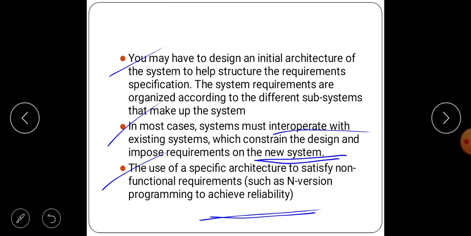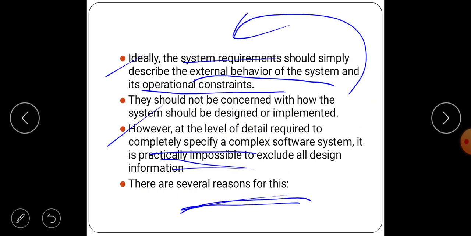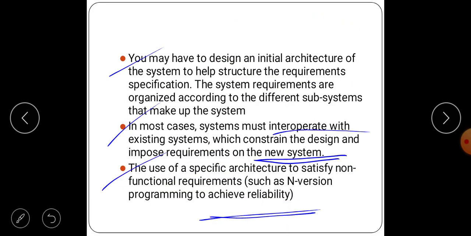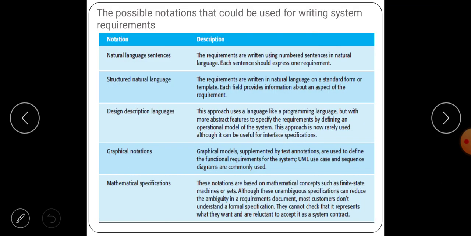Okay, this is why we cannot exclude all design information in the system requirement. These are the three reasons. Okay, next, the possible notations that should be used for writing the system requirement.